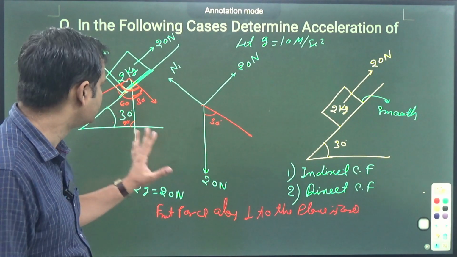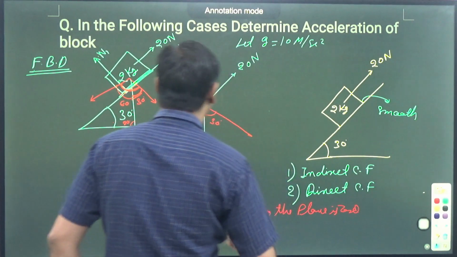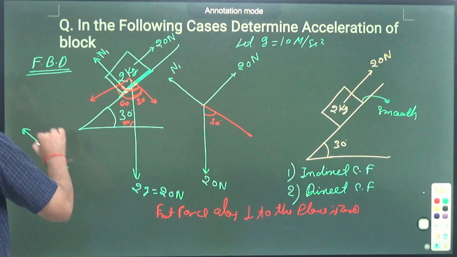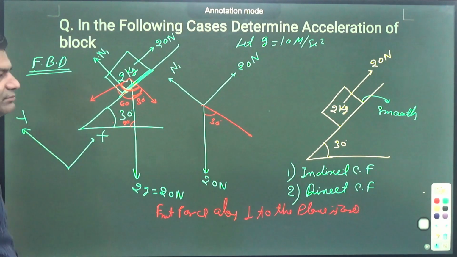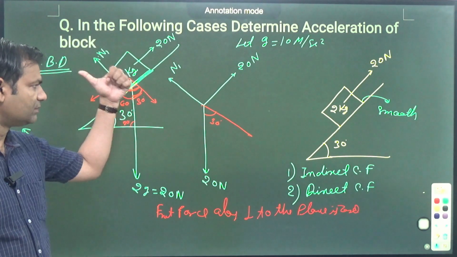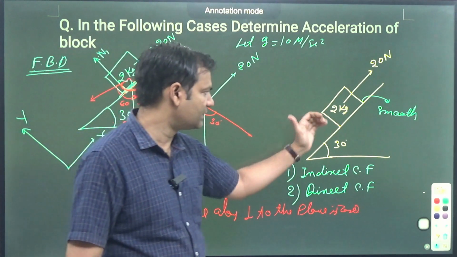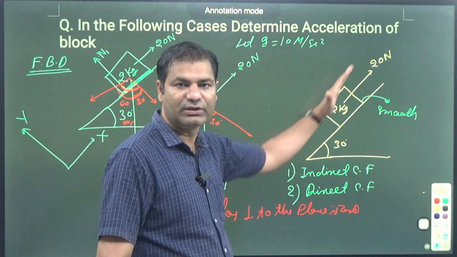First of all, make it. After that, we have taken this one as capital X and that one as capital Y direction. We have the components along the plane and perpendicular to the plane.